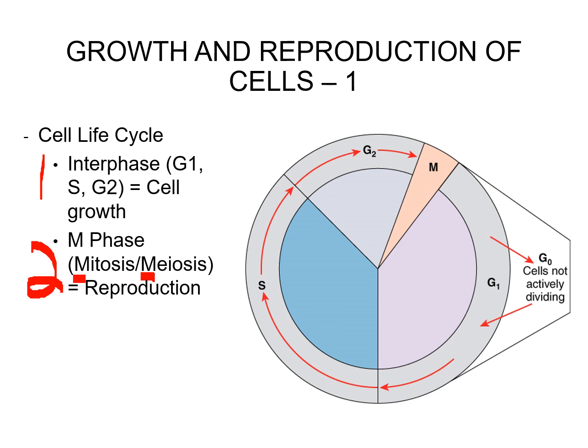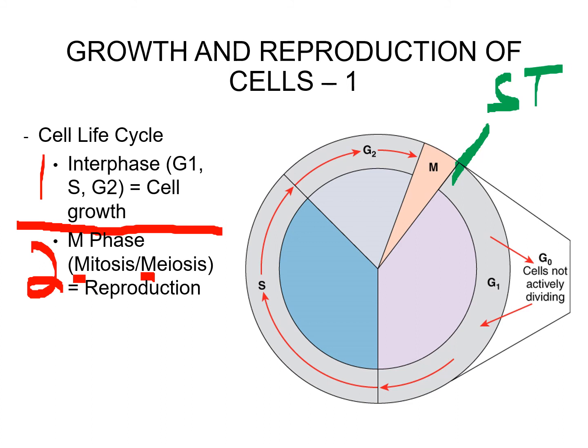So what we're going to do on the next several slides is cover the subphases of these 2 phases. So big picture, interphase is first, M phase is second. And we're going to dive into the details of what's happening during interphase, and then the details of what's happening during the M phase. So take a look at this illustration on the right, and what you'll see is this is kind of our starting point right here at 1 o'clock. I'll put ST for start.